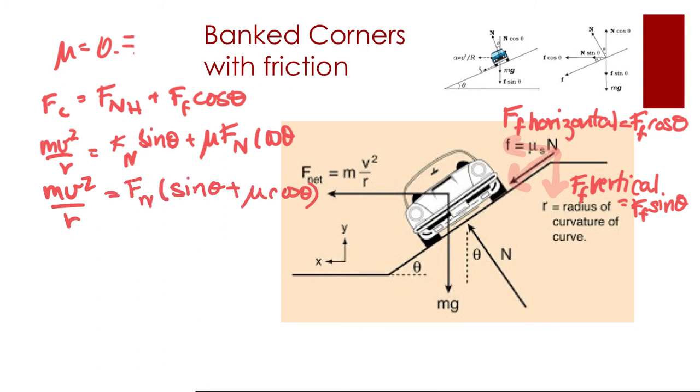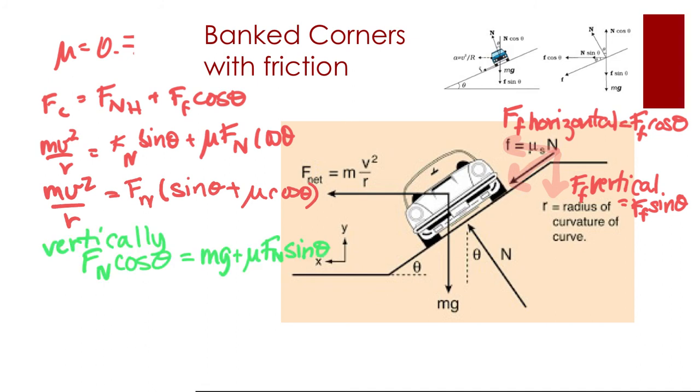Now this looks messy, but we do have some more information vertically because we know it's not accelerating in that direction. It only has centripetal force or centripetal acceleration towards the center. So that means my vertical components are going to have to be equal.